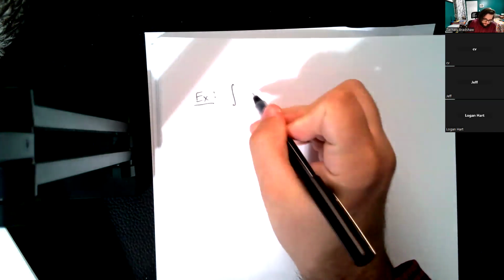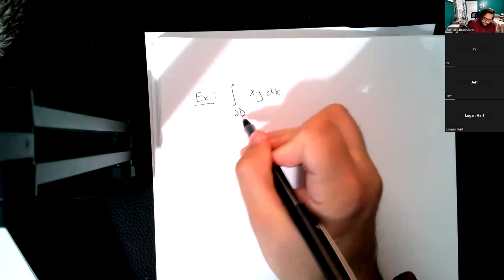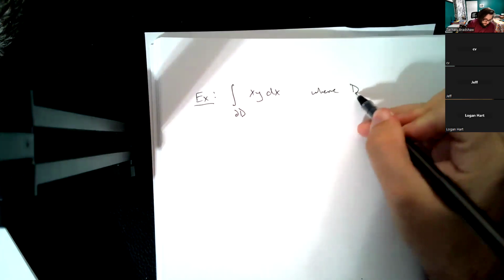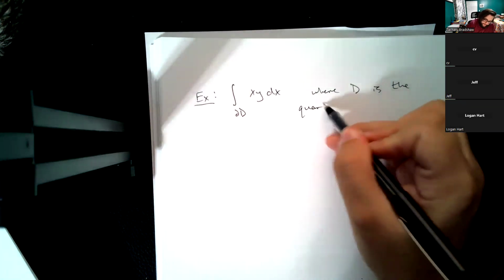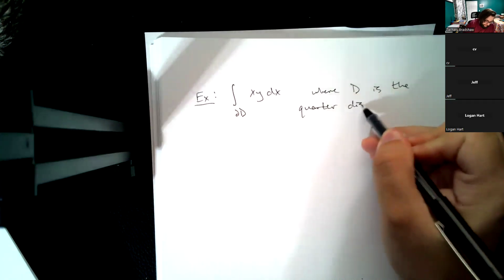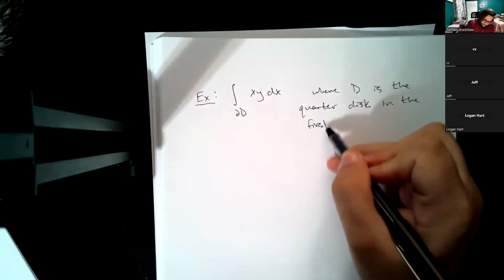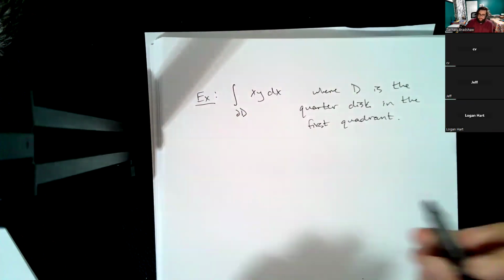All right. So let's go back to this example. And this time we're going to integrate over the boundary of a domain where the domain is the quarter disk in the first quadrant. So let me draw it.